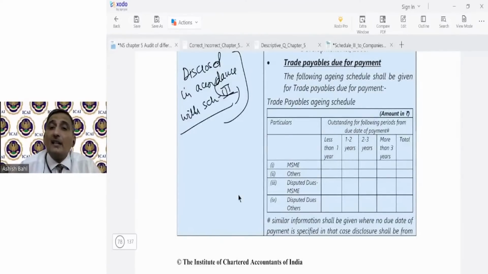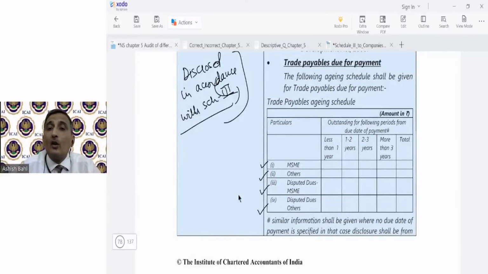So how is aging to be done? Now here also MSME and non-MSME classification is there. Now this is the basic difference between the aging schedule of trade receivables and the aging schedule of trade payables. So you have to compare both the schedules in your mind while remembering.